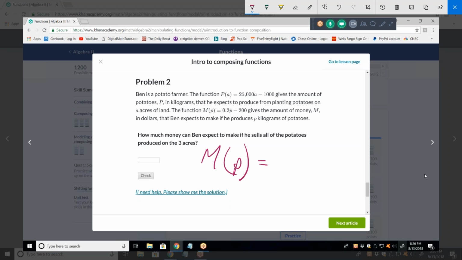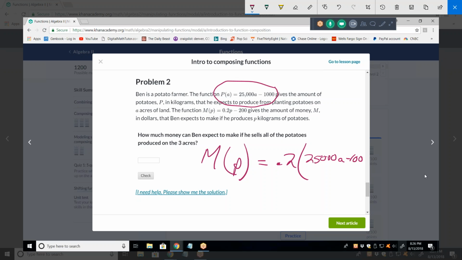M of P equals 0.2 P minus 200. Okay, hold on. What is P? P is potatoes in kilograms. What's the function for P? 25,000 A minus 1,000.